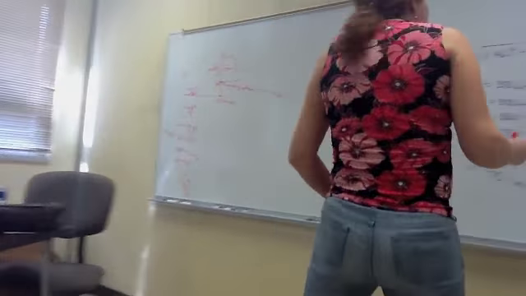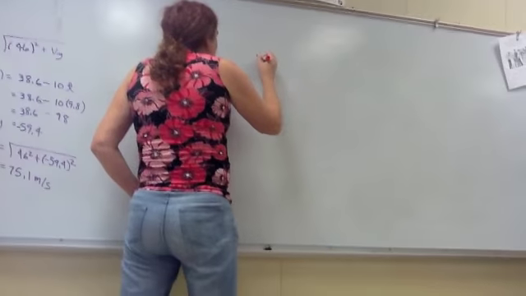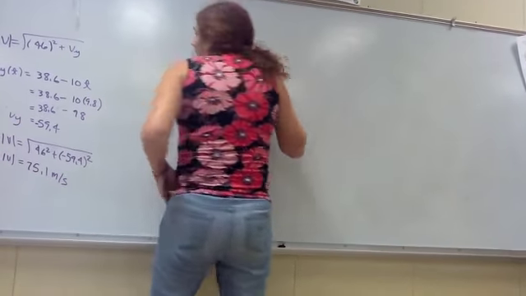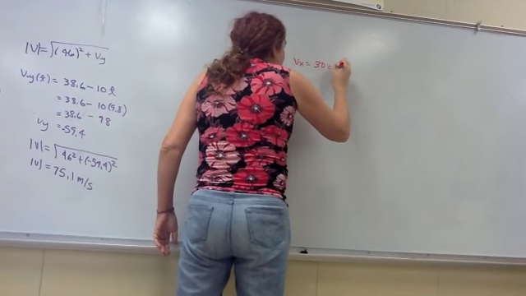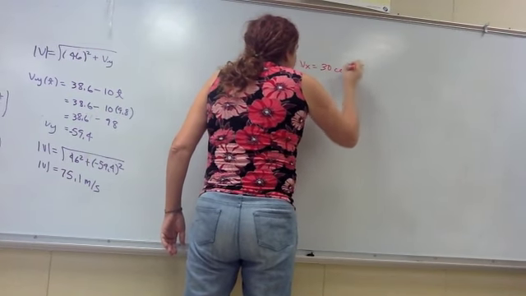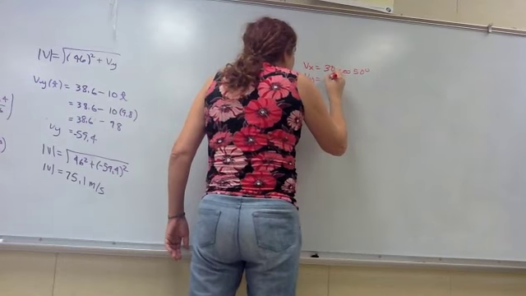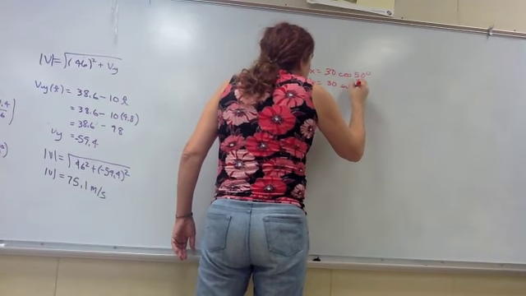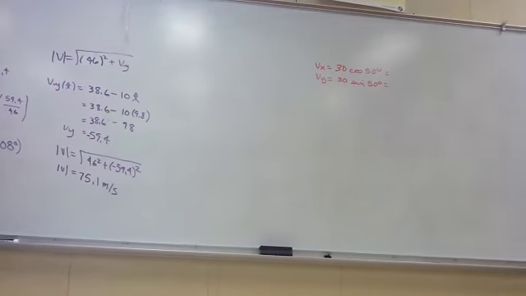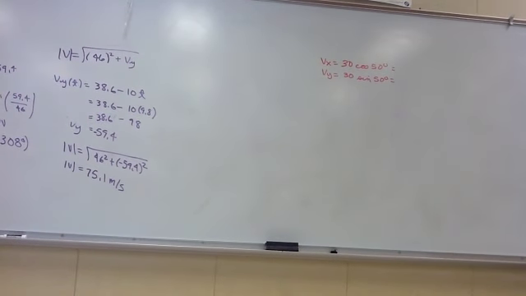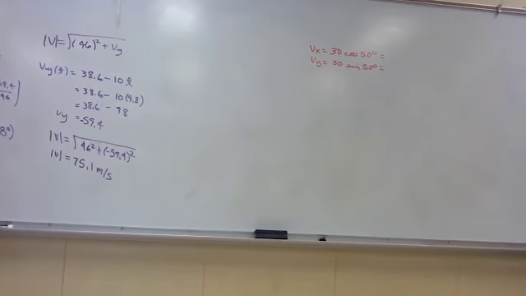So again, in almost all situations like this, we have to get Vx, which is 30 cosine 50 degrees, and we have Vy initial, which is 30 sine of 50 degrees. Once we have those, it becomes possible.